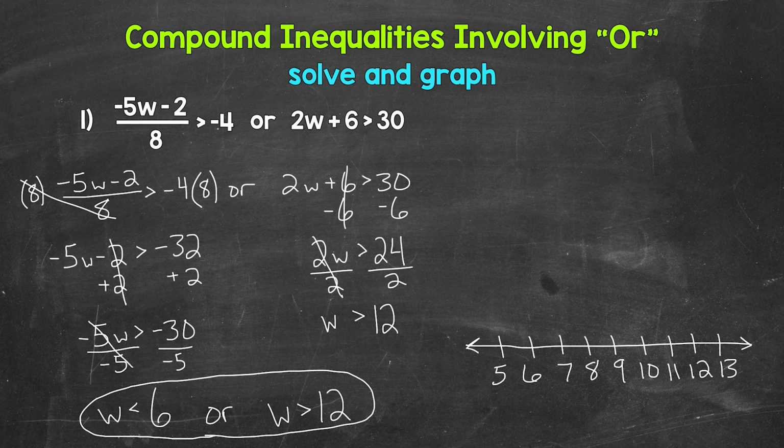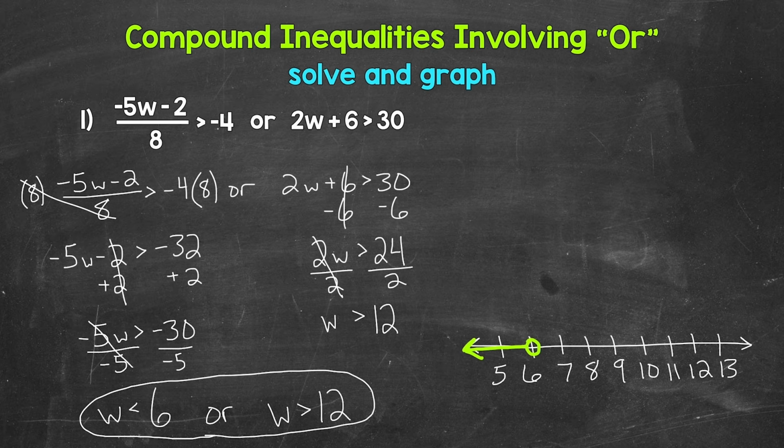Now let's start with W is less than 6 as far as graphing on the number line. Now 6 is not included, so we need an open circle at 6 with an arrow going left representing everything less than 6. So that's W is less than 6.